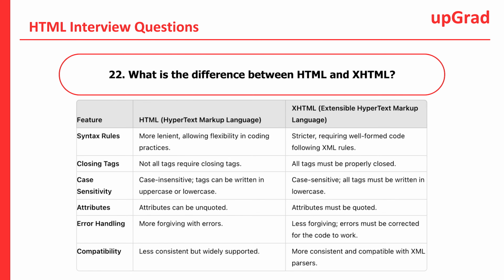On the other hand, XHTML is stricter, requiring well-formed code where all tags must be properly closed, attributes must be quoted, and elements are case-sensitive, which means all tags must be written in lowercase. Essentially, XHTML follows the stricter syntax rules of XML, making it more rigid but also more consistent and compatible with XML parsers.